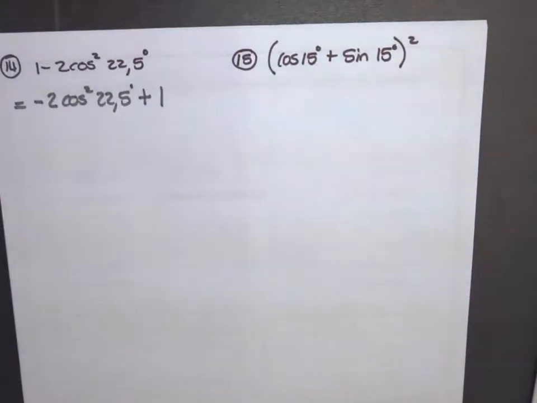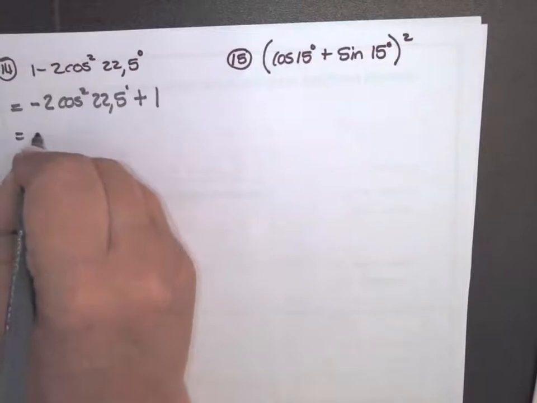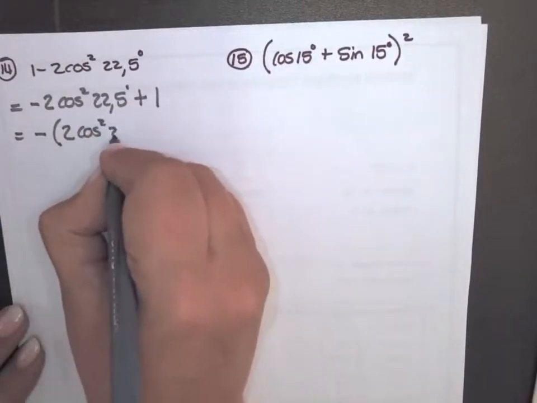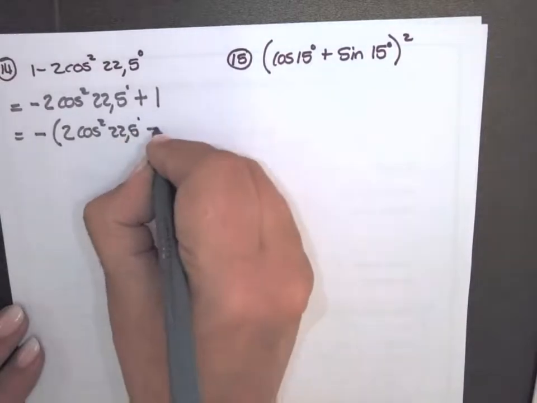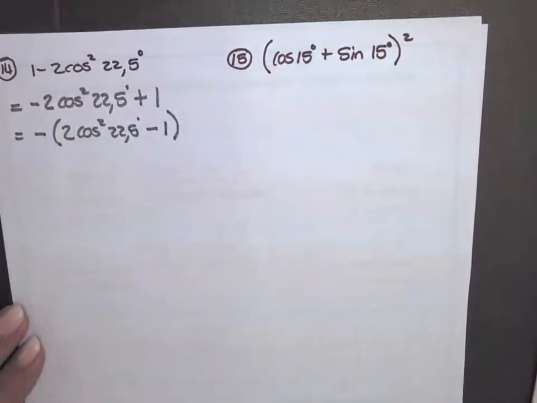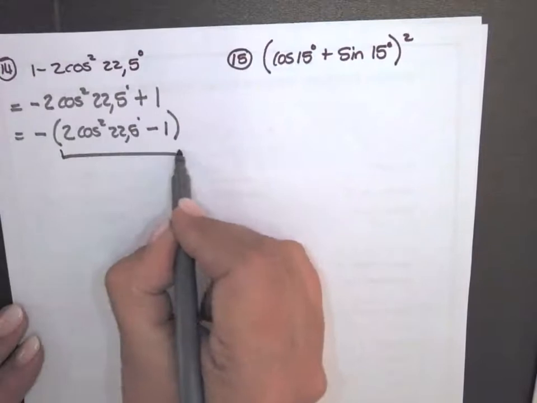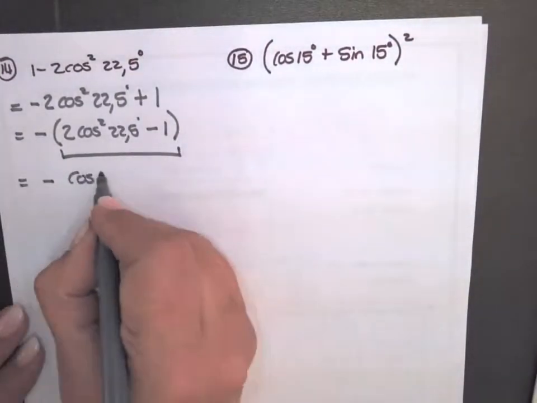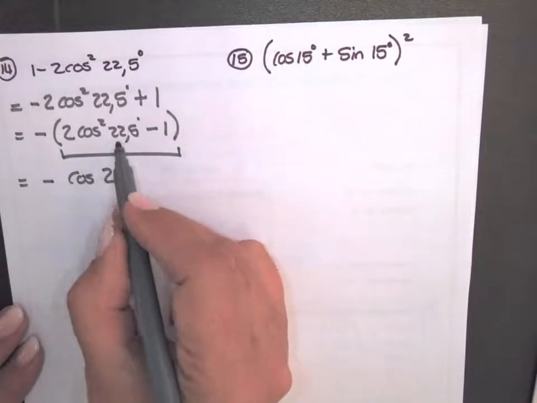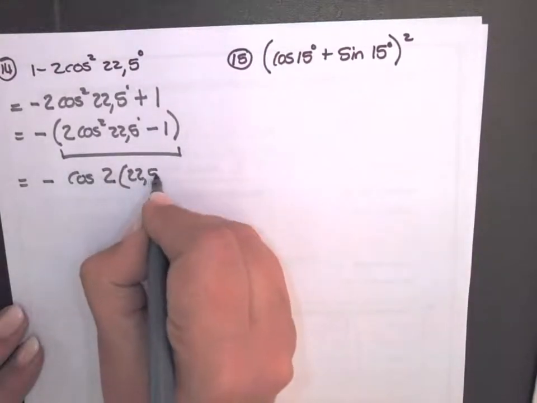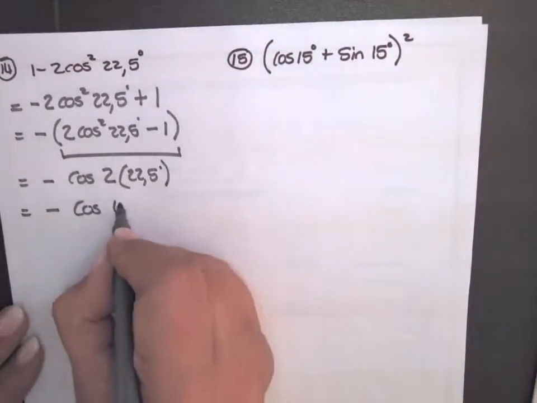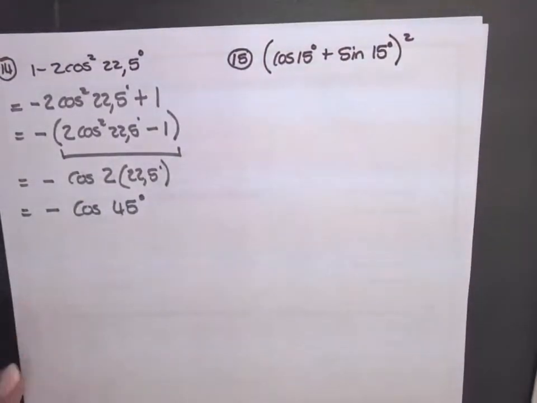The sign is not correct, so we need to take out the minus 1. And then we have 2 cos squared 22.5 degrees minus 1. This is my double angle for cos. Minus cos 2 times 22.5 degrees. And then we have minus cos 45 degrees.